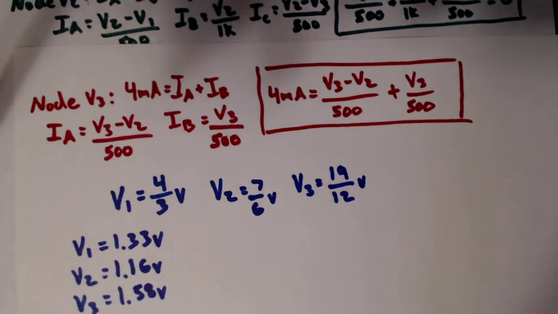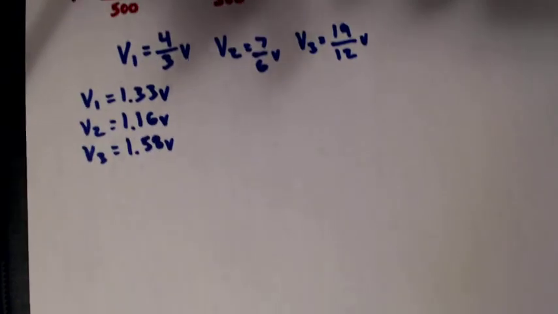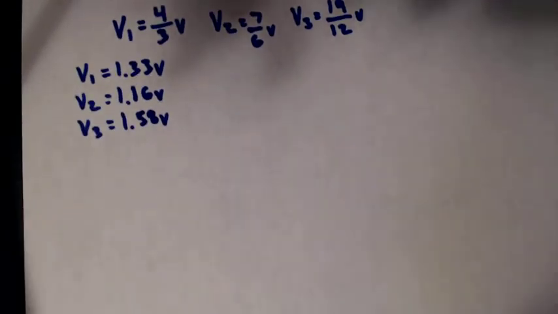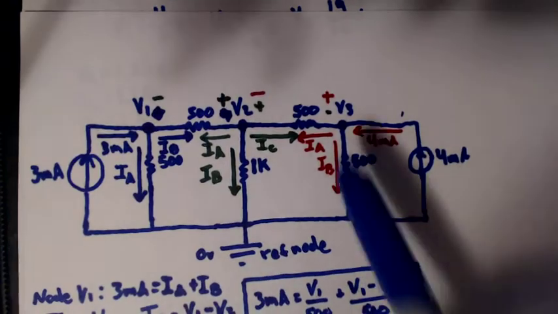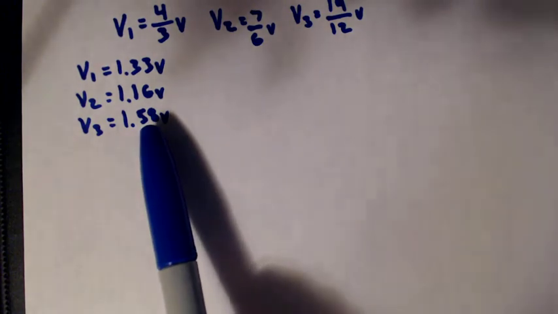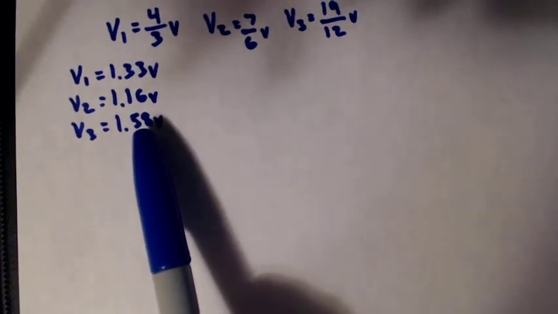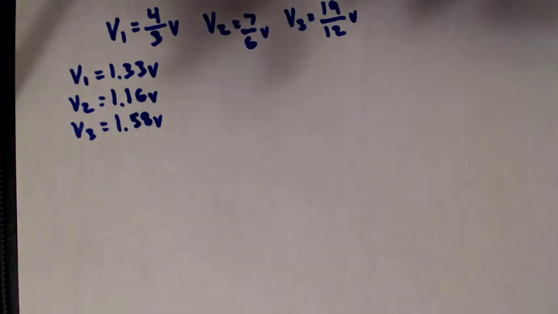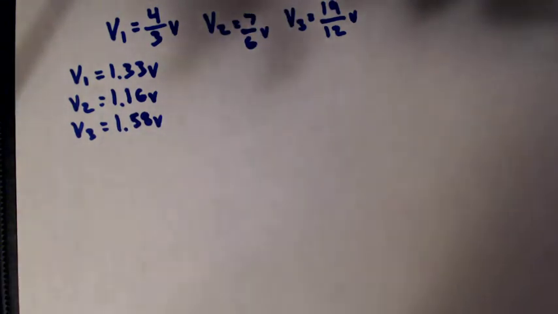Okay, and now let's go ahead and redraw this circuit. All of the work, all of this, was just for the sake of getting these 3 values. Okay? Once we have these values, we don't care about all of that previous work. We don't need it anymore.